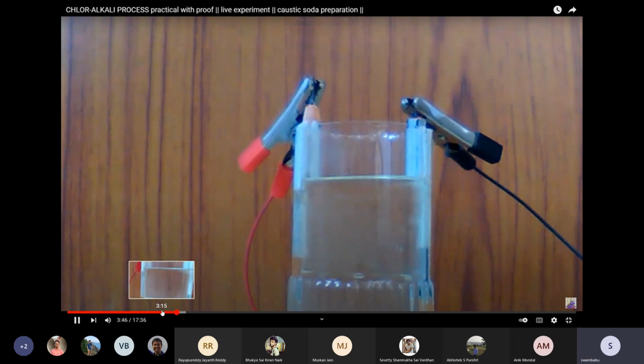So here he has just taken salt water and kept a sharpened pencil's graphite immersed in water.